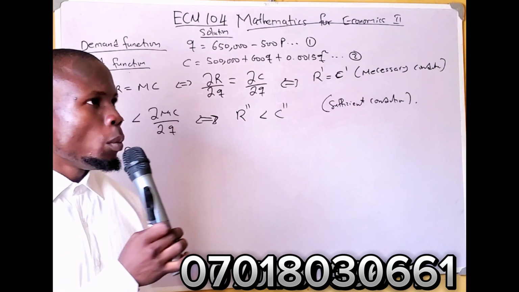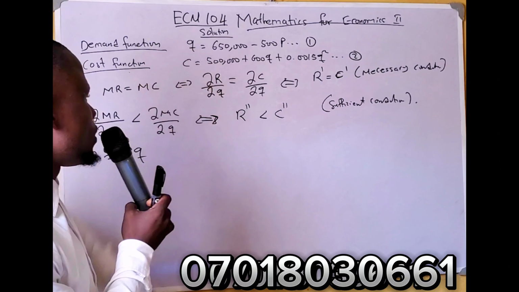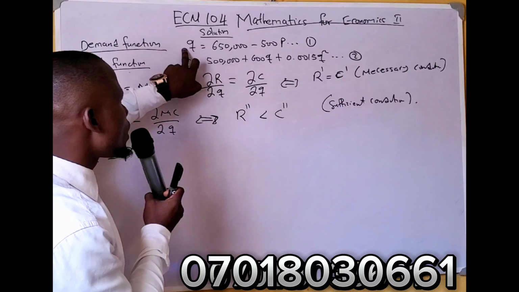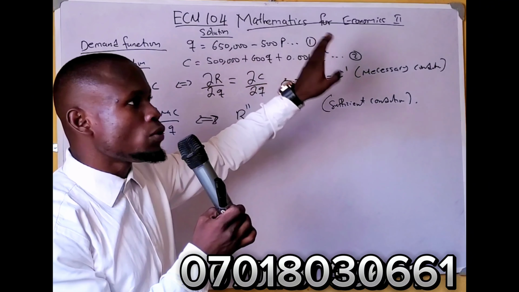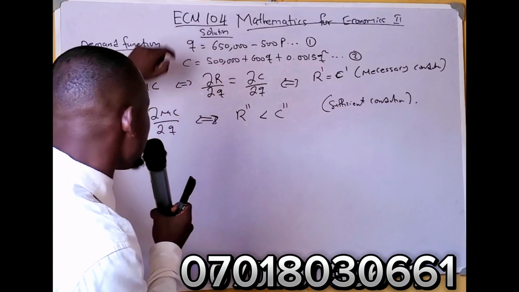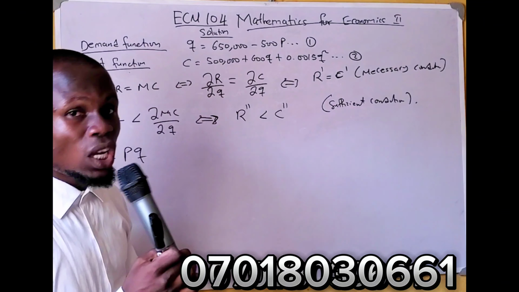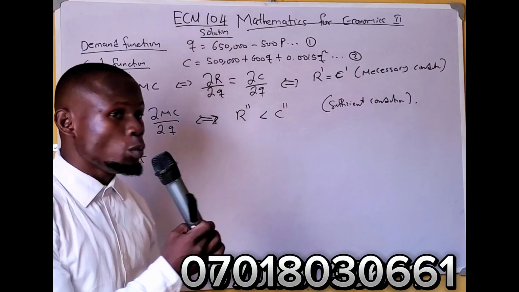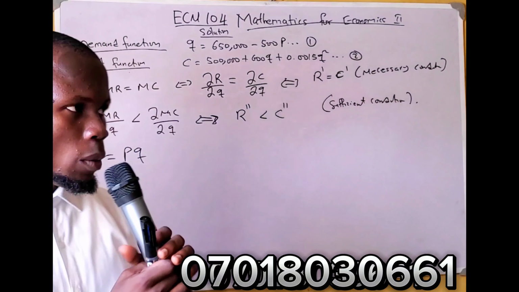They are right. But what you have to check in this function is that Q is expressed in terms of P, and C is expressed in terms of Q. Now you want to find the derivative, marginal revenue. You want to find the derivative in terms of Q, which means your revenue function should be expressed in terms of Q, not in terms of P. What am I saying?